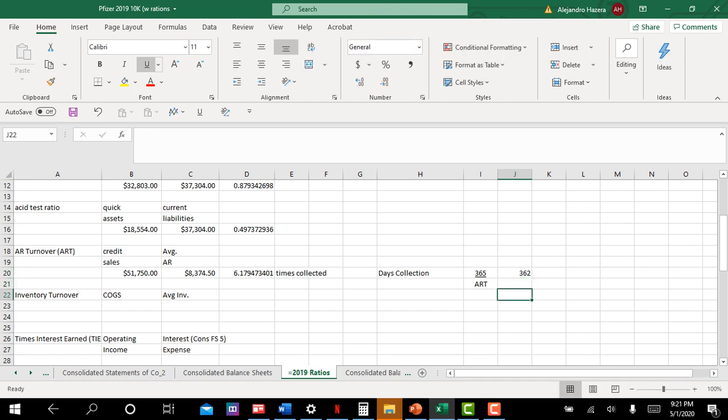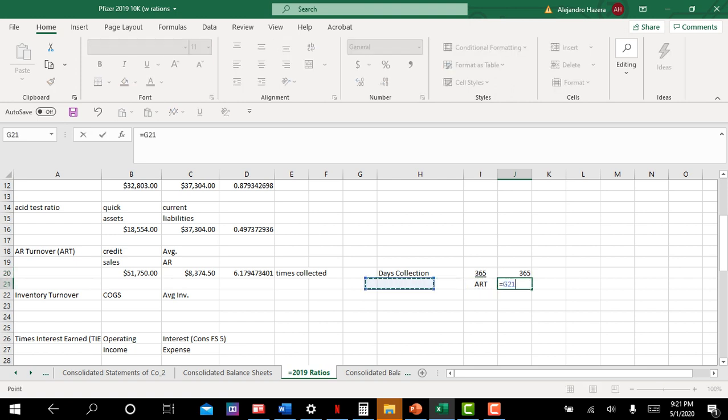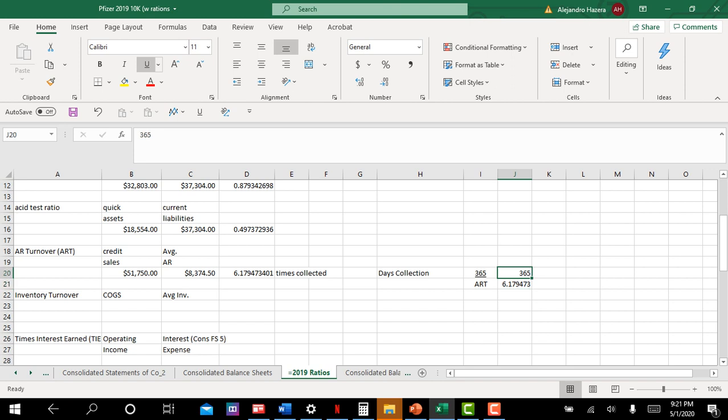Okay, so we'll take 365 and divide it by the accounts receivable turnover, which is equal to this number here. And we're going to get about 60 days. So that means that Pfizer collects its accounts receivable about every 2 months, 60 days.